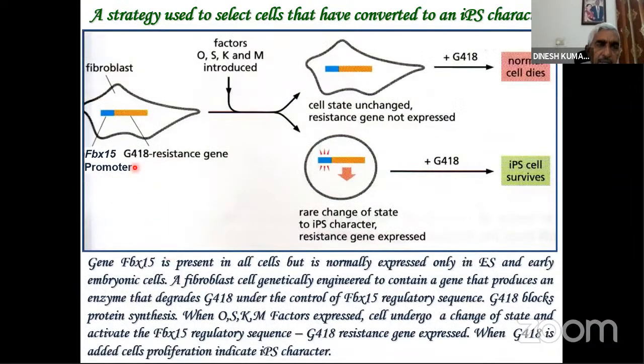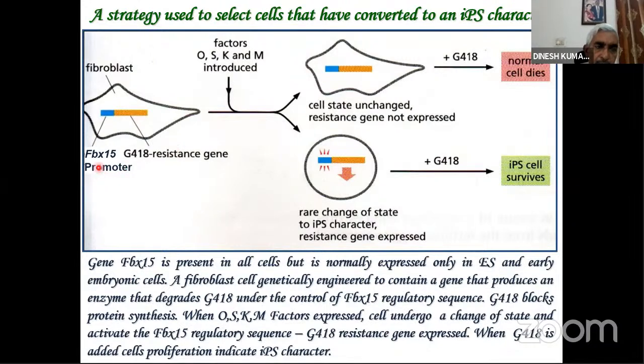Here you can see a fibroblast being studied to select cells to convert into pluripotent cells. The gene FBX is present in all cells, but normally it is expressed only in embryonic stem cells. The fibroblast genetically carries a G418 resistance gene, which is not able to start protein synthesis.